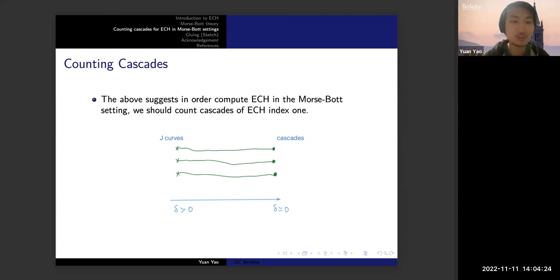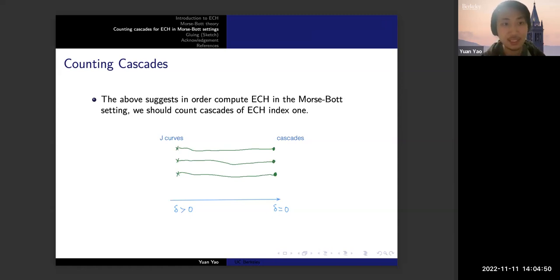And sometimes your contact manifold is Morse-Bott, so your Reeb orbits come in families. And you want to ask, how do I still compute ECH when it's Morse-Bott? Of course, you can always perturb, but how can I compute ECH only using the information in the Morse-Bott setting, by only considering holomorphic curves in the Morse-Bott geometry?